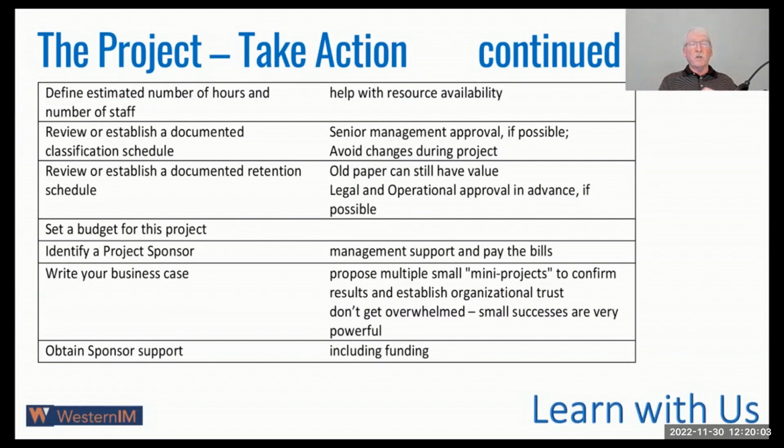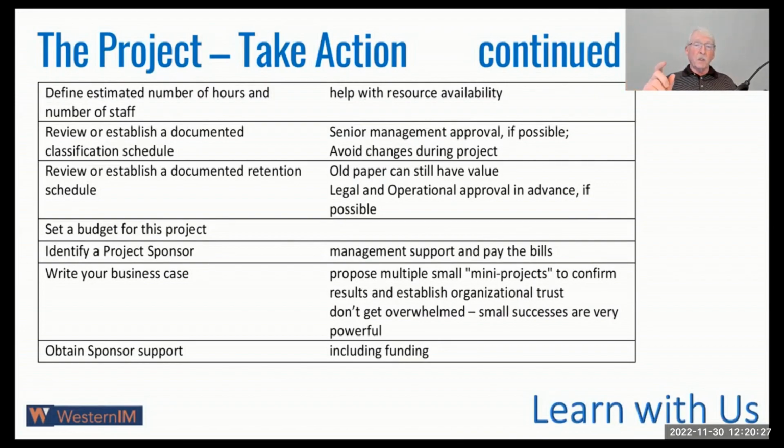Identify a project sponsor, the most senior management person you can find. If you're doing a small project in one particular department, then go to the head of the department and get them to be the project sponsor. If it's a much larger project like the one we're talking about, then you're going to go to a CEO level or somebody at the top C level to try and get approval for that project.